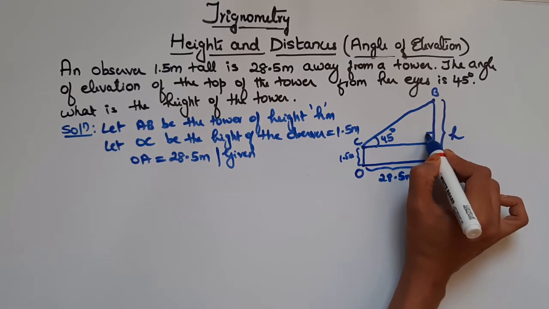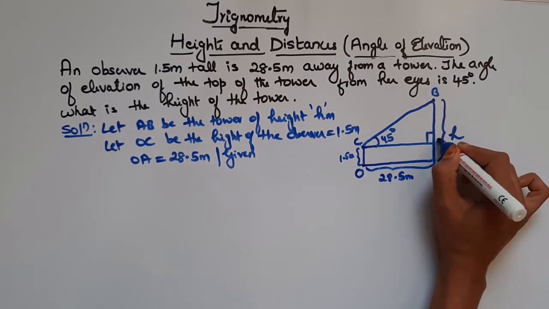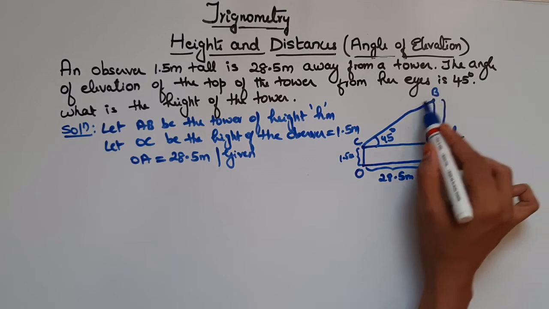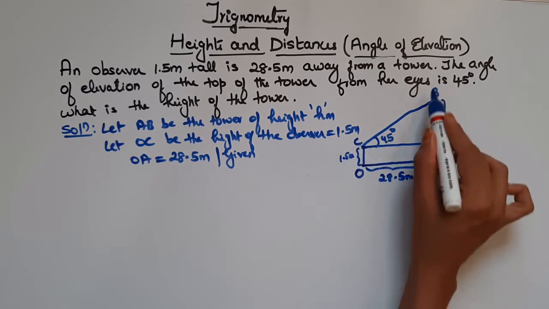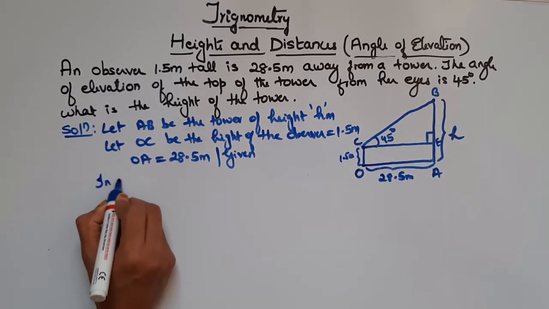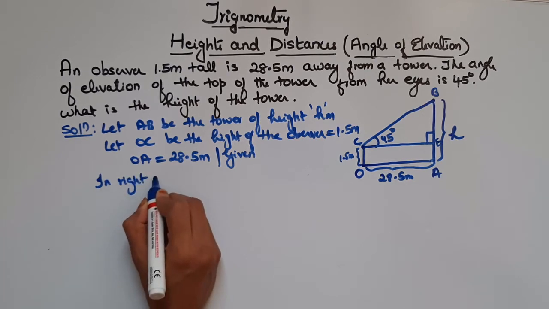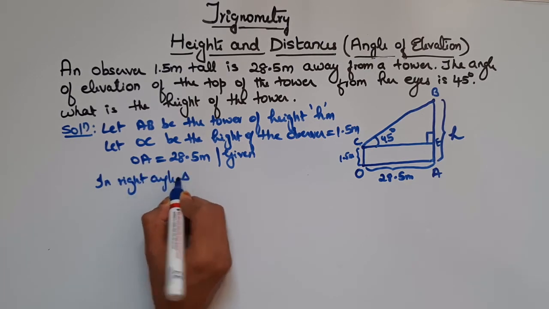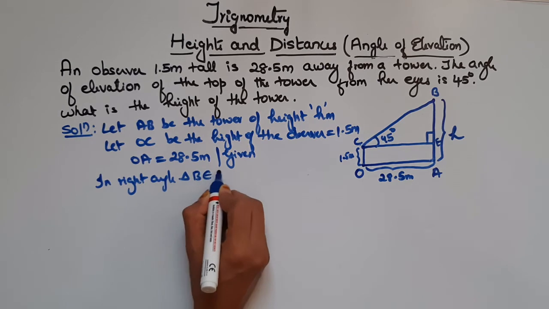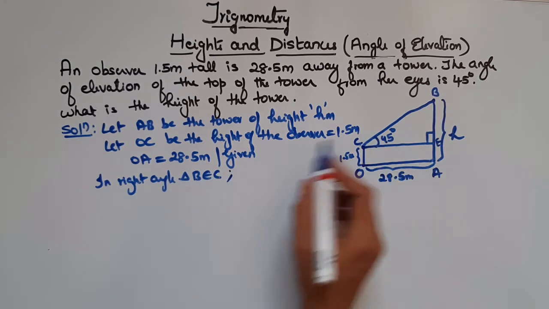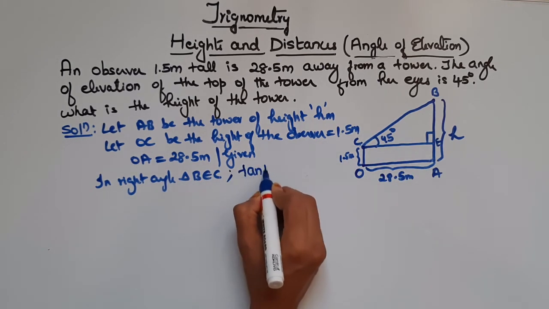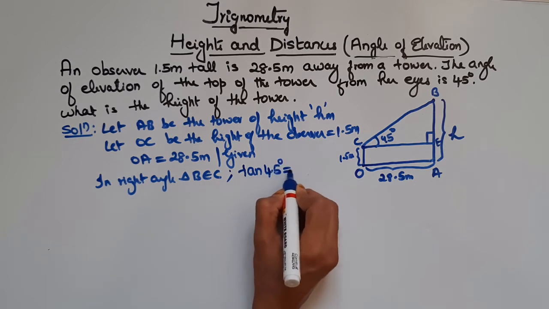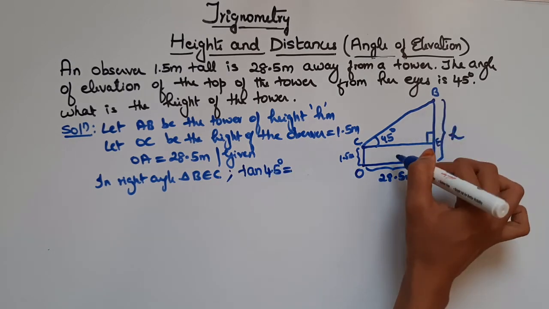So this is your right angle triangle. So let's take this point as E. So we have a right angle triangle CEB, right? So in right angle triangle BEC, what is tan 45? We have tan 45 degree is equal to opposite by adjacent.